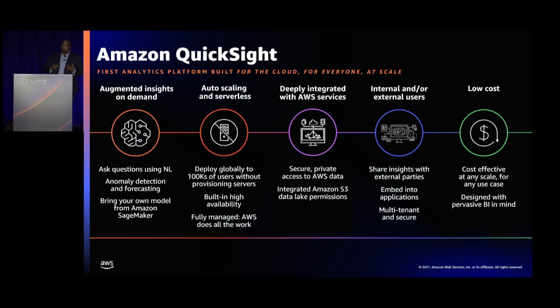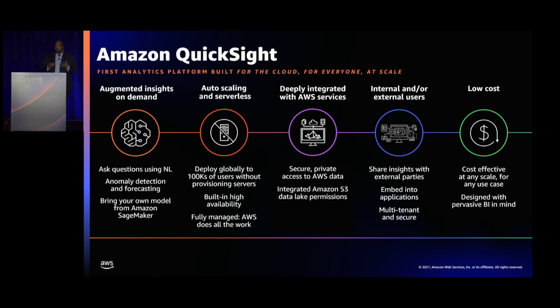And then for anomaly detection and forecasting, QuickSight uses an algorithm called the random cut forest algorithm. This algorithm is pioneered and benchmarked by Amazon, and so we've infused that into QuickSight. We also have a deep integration with SageMaker, which allows us to do things like lead scoring and churn analysis. You can build and bring your own models and algorithms into QuickSight.